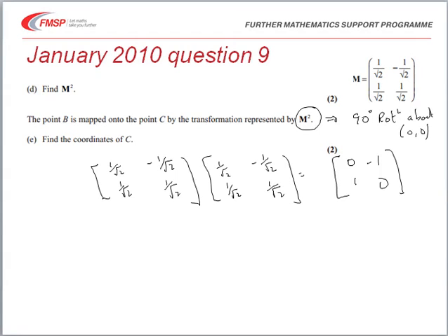For the 90-degree rotation about the origin, think about where your vectors i and j end up. So i ends up pointing upwards at 0, 1, and j dashed along here at negative 1, 0. So that's the 90-degree rotation.